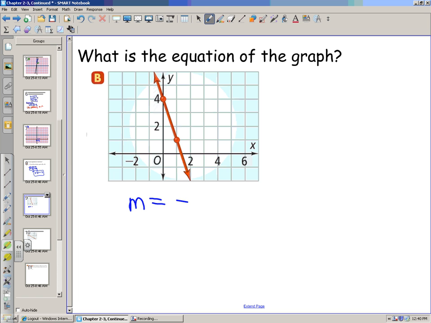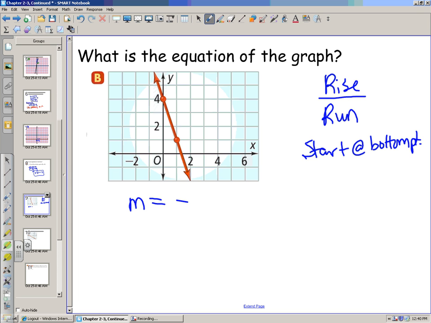I like that. What else do I know about it? I need to do rise over run. Well, if I'm doing rise over run, where am I always starting? Do I start at the top point to do rise over run or the bottom point? The bottom. Why the bottom point? Because you got to rise. You got to start at the bottom point.